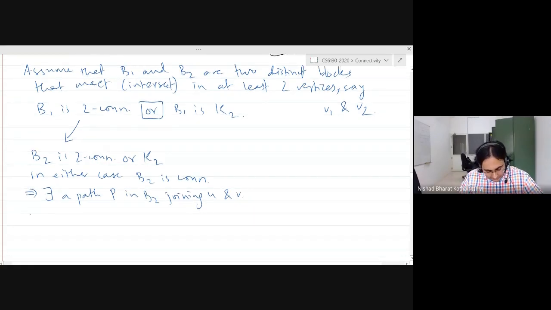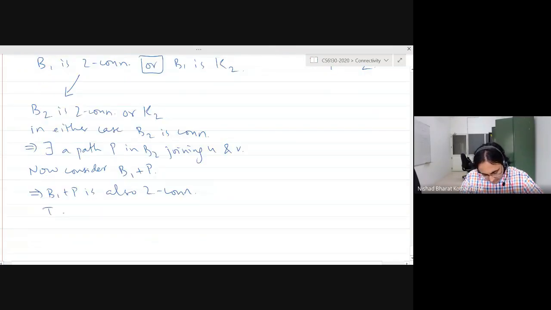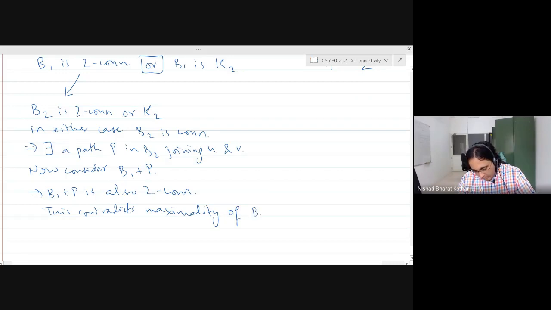And so what Samuel is saying is that now consider B1 plus P. We have a two connected graph, and now we are adding an open ear, and this implies that B1 plus P is also two connected. This contradicts maximality of B1.